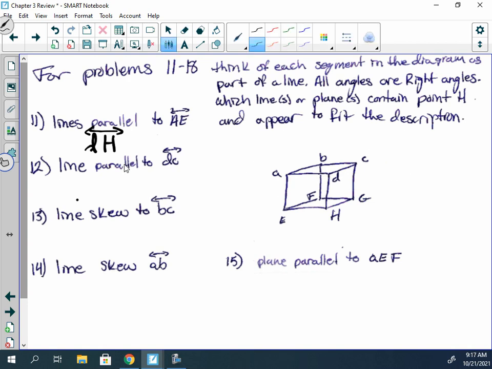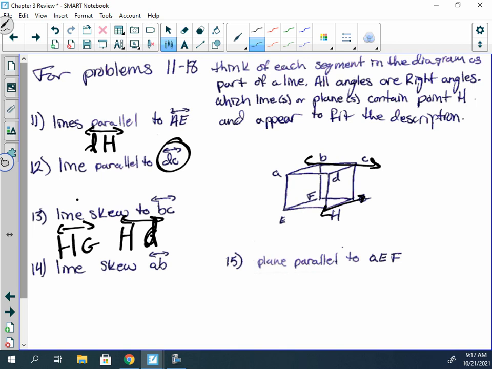Okay, I confused myself. HG and HD would work. Sorry. HG and HD would work. I confused myself because I was looking there, not at the right spot. Because it did ask for BC.